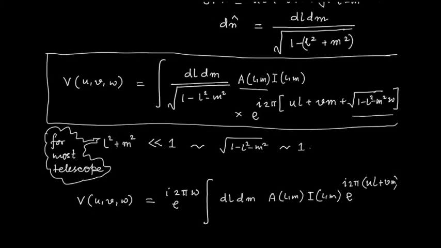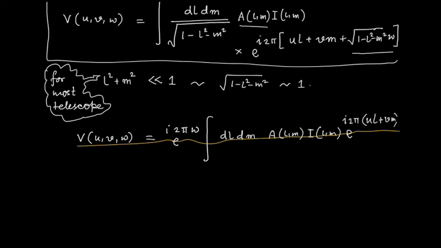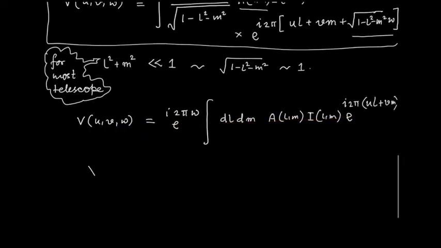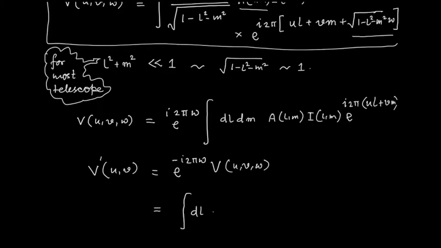So I can define now V prime of u, v, if you wish, which is e to the minus i 2 pi w times V of u, v, w. And what is that? This is this entire thing in the integral. Remember, this is only true when A_lm goes to 0 very rapidly as L and M increase.